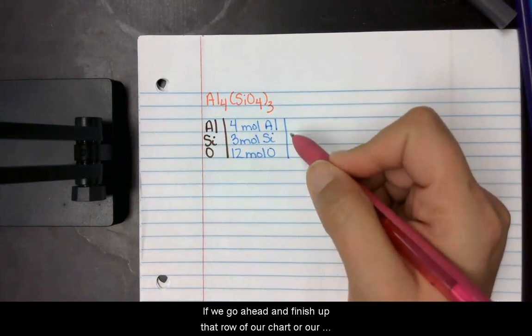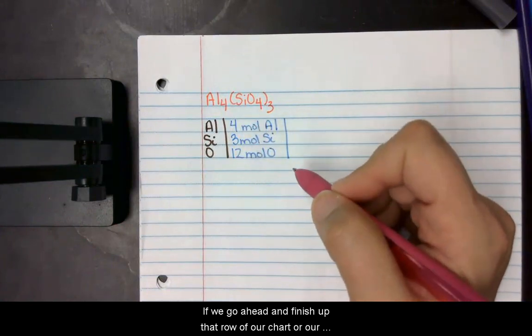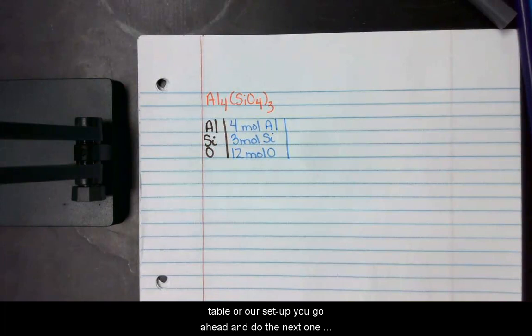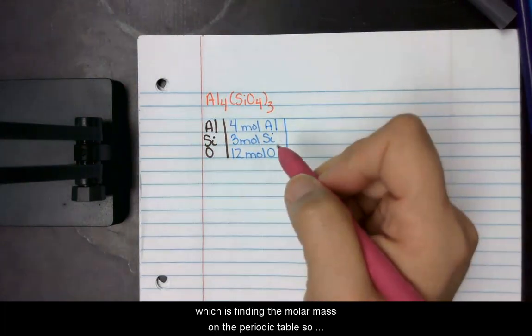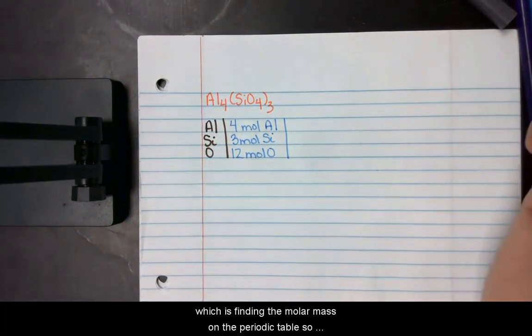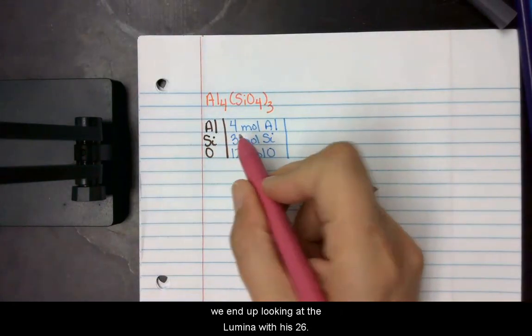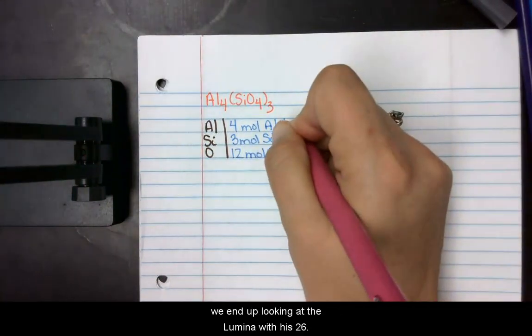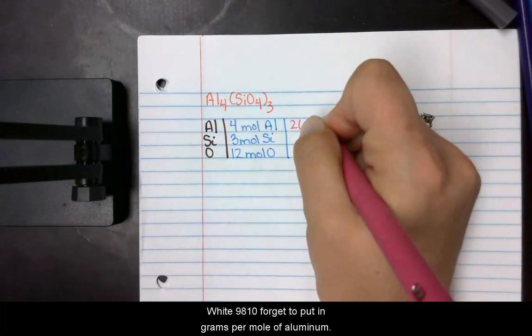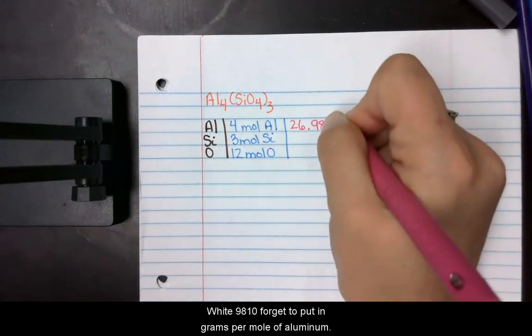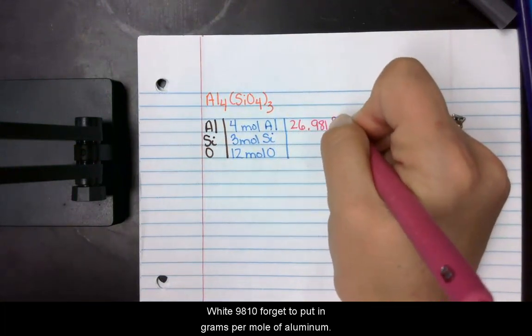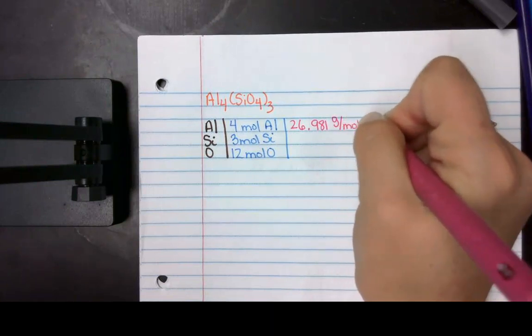Once we finish up that row of our chart, you go ahead and do the next one, which is finding the molar mass on the periodic table. So we look up aluminum, which is 26.981. Now don't forget to put your units in grams per mole of aluminum.